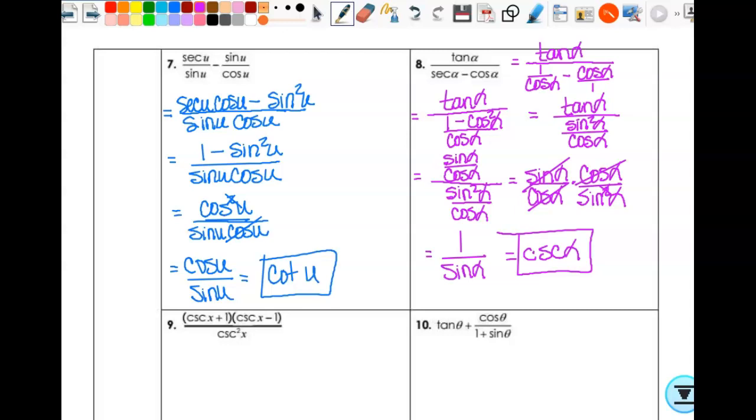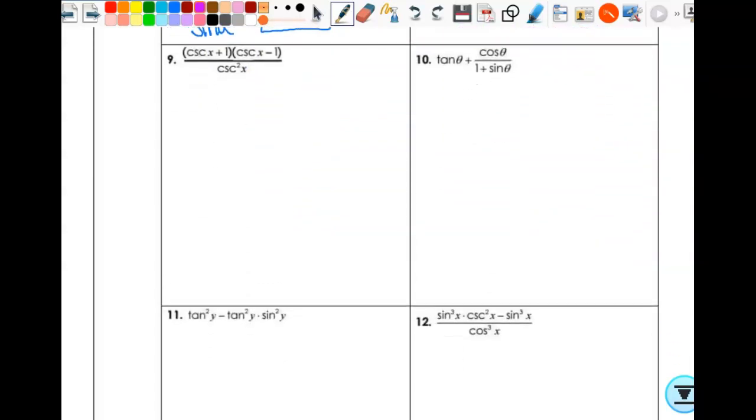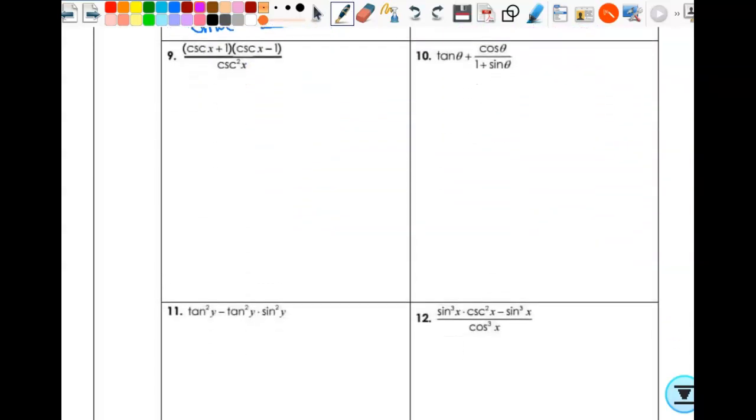Let's look at number 9. So on number 9, I've got cosecant x plus 1 times cosecant x minus 1. In the denominator, I have a cosecant squared, so I could use a Pythagorean identity, but if I did that, I'd be introducing 2 terms into the denominator, and your fractions are a lot harder to deal with when you have more than 1 term in the denominator. So I think I'd like to just leave that.